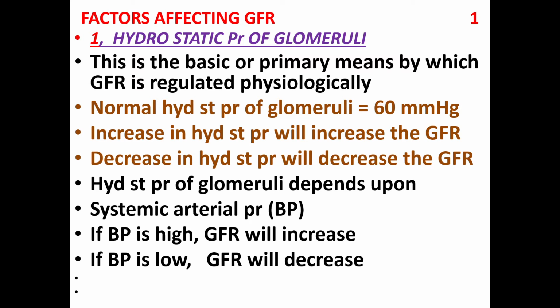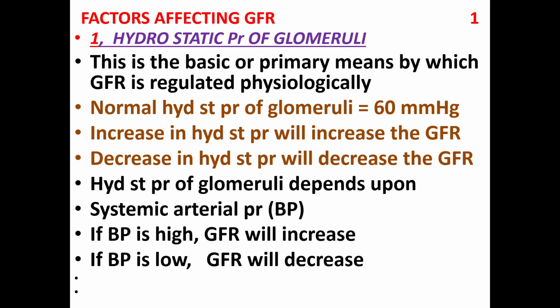Whenever there is a rise in blood pressure, to some extent GFR definitely increases. So the hydrostatic pressure of the glomerulus depends upon the systemic blood pressure. If blood pressure is high, GFR will increase. If blood pressure is low, GFR will decrease.